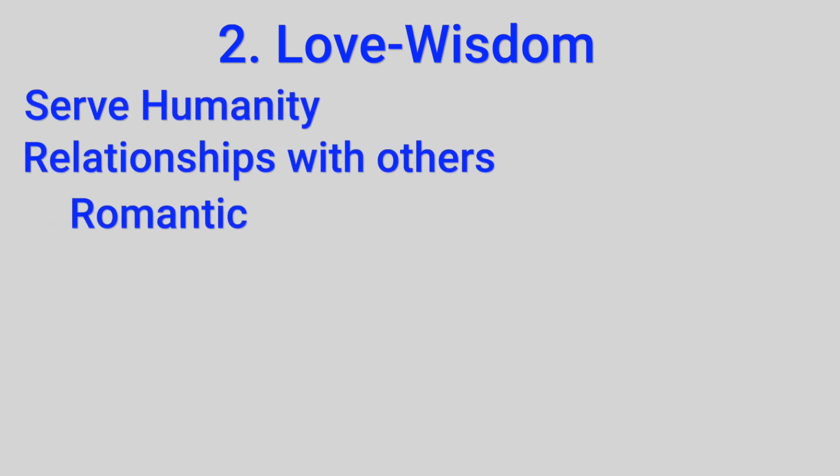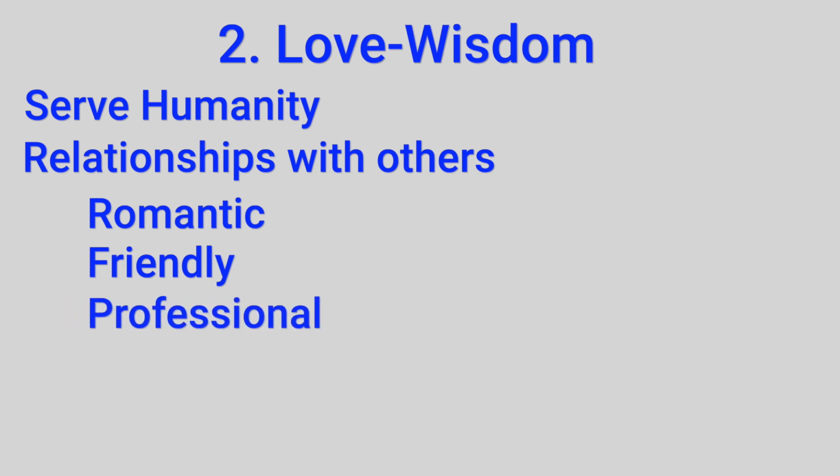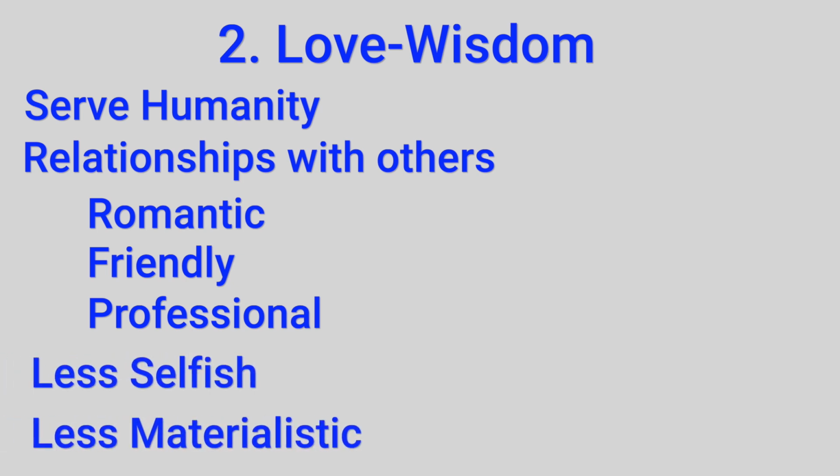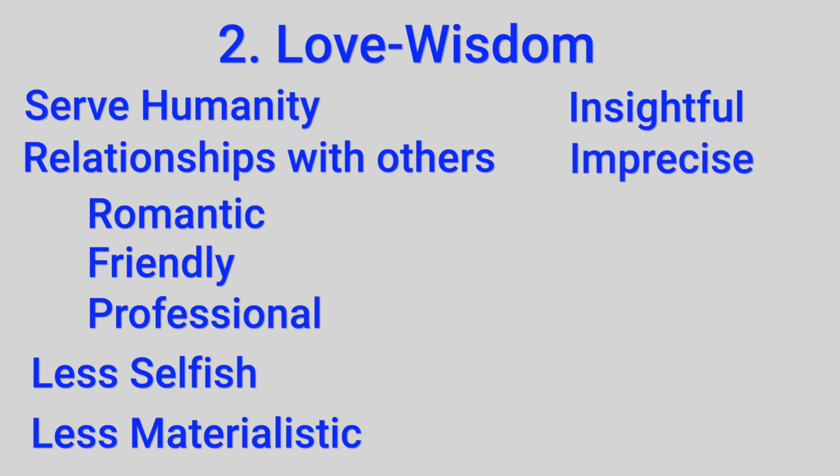2. Love wisdom. Generally speaking, second-ray people serve humanity. They focus on their relationship with others, be it romantic, friendly, or professional. This is what defines who they are. It is fair to say the second-ray types are less selfish and materialistic than most. They put the needs of others ahead of their own. They tend to be insightful, making good teachers, but have a tendency to be imprecise.